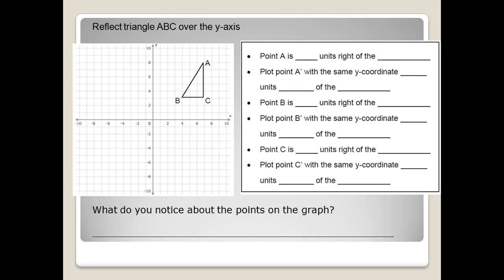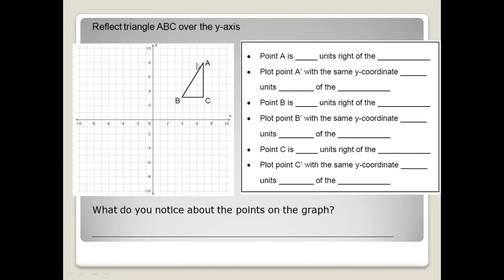Reflect triangle ABC over the y-axis. So we see our triangle here, ABC, and we're going to reflect it across our y-axis. So we'll go from quadrant 1 to quadrant 2. So let's look at our point A. It's asking us how many units right of the y-axis it is.